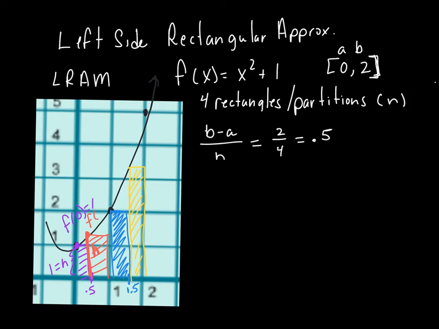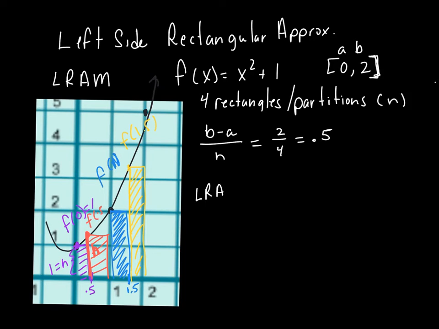That's going to be f of 0.5. Then that's going to be f of 1. And then the last one we are going to be using is f of 1.5.